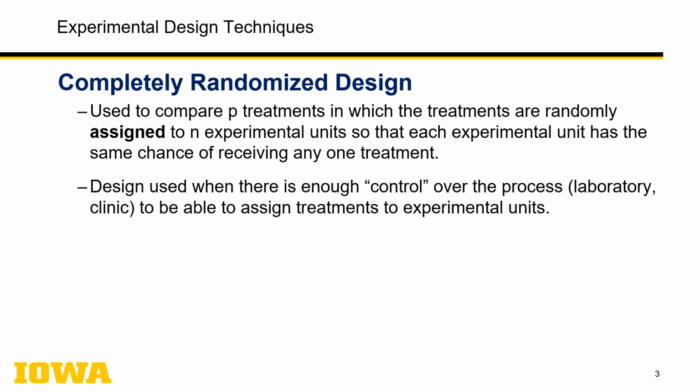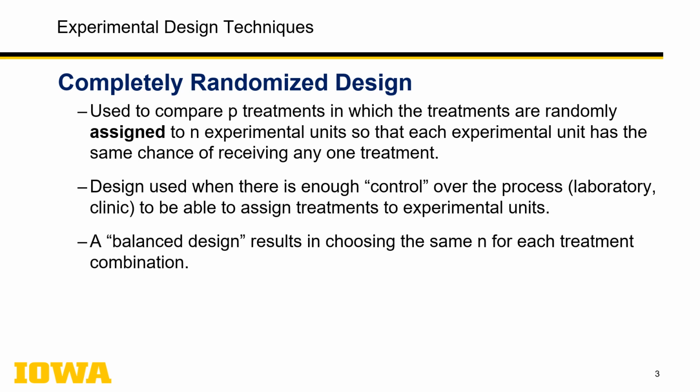And all of this, again, is based on the idea that your experiment is such that you have the control over the process to be able to literally do this and assign these treatments to experimental units, and this assigning process is random.